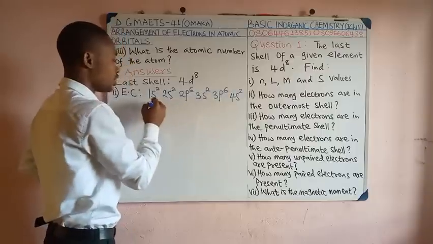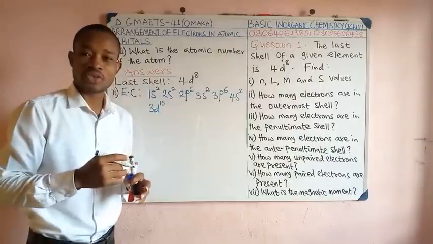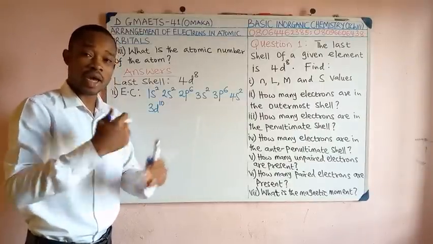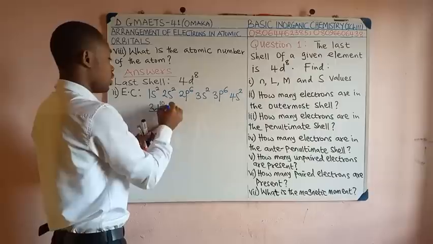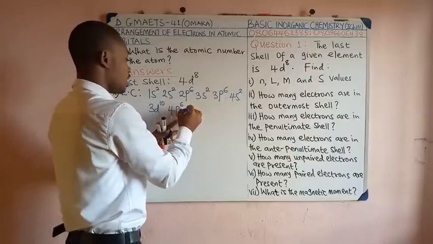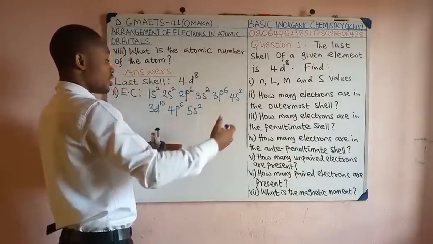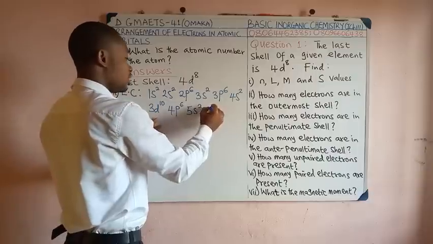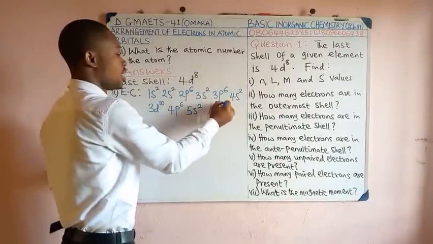After 4s, you move on to 3d, 3d10. Remember, when you get to 3d, the next move will be p, d, s. So after 3d10, the next will be 4p6. Then the next will be 5s2. After 5s2, another d repeats, and that d will be 4d, so that will be 4d8.